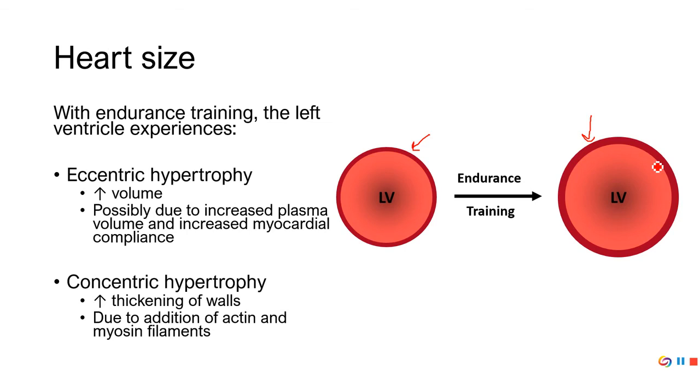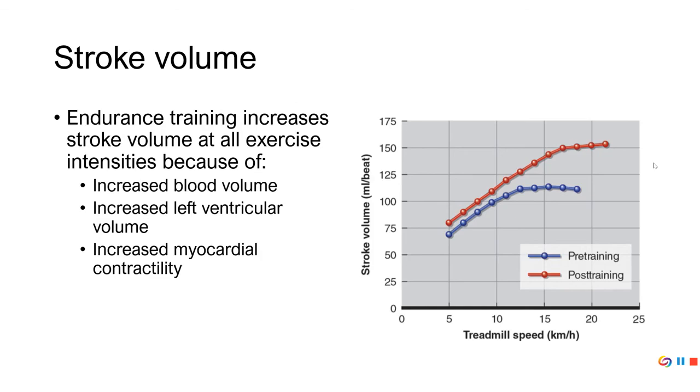If you have more actin and myosin, more cross bridges, more force, greater stroke volume. We take those two things, and that helps contribute to the increase in stroke volume. All these changes are kind of interrelated here.